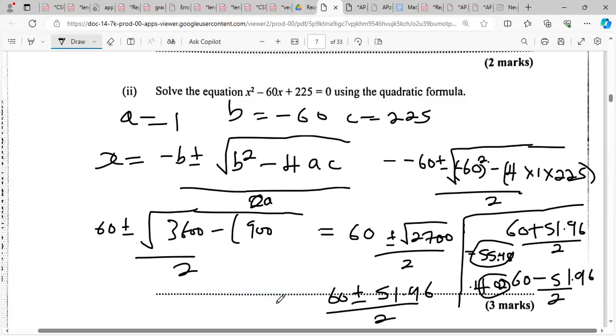So these are the two solutions: x equals 4.02 and the second solution, 55.98. No matter.